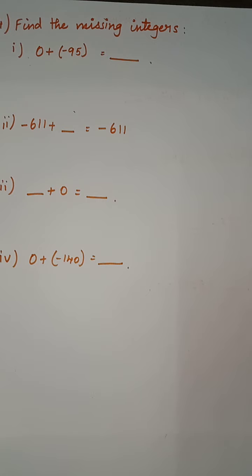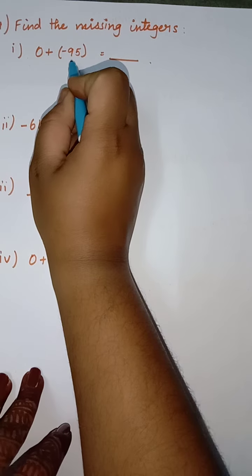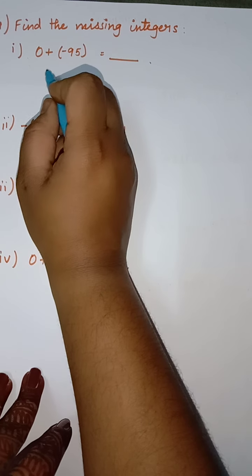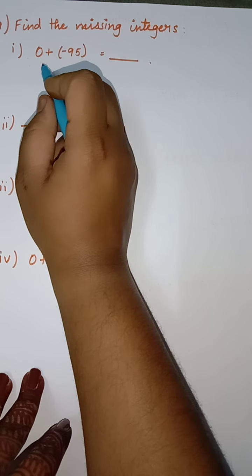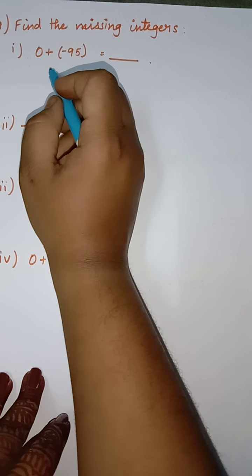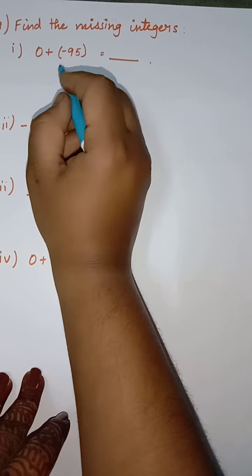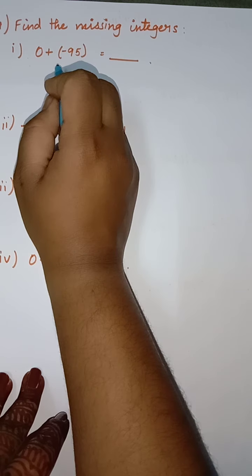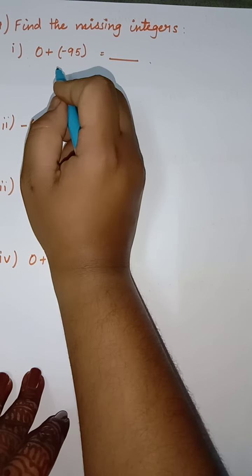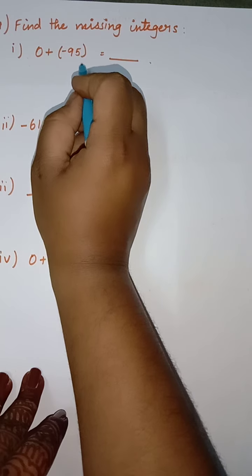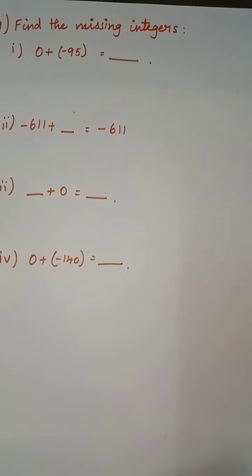Okay, now the first question we are seeing is 0 plus minus 95. When you are adding 0 with anything, we will get the answer as the same number which you are adding with 0. You will get the same number as your answer. I already told you in the before classes, in before sessions and all.